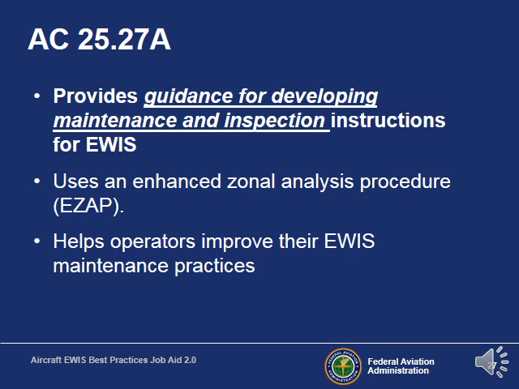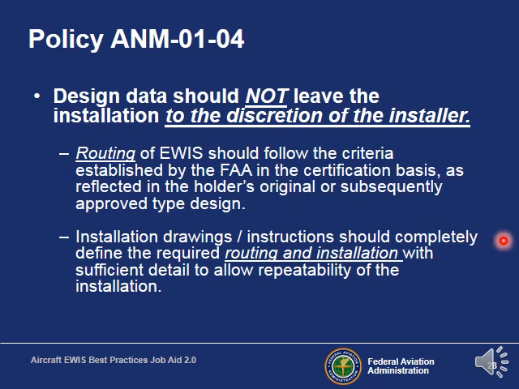It's up to the manufacturer to make sure that they tell the operators the instructions on how to operate and maintain the electrical wiring system, and they use different procedures like the enhanced zonal analysis procedure to help operators improve their maintenance practices. This policy deals with installing wiring systems, and doing that, it should not be left to the discretion of the installer.